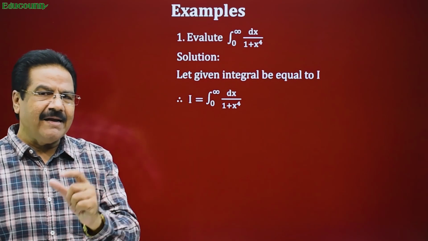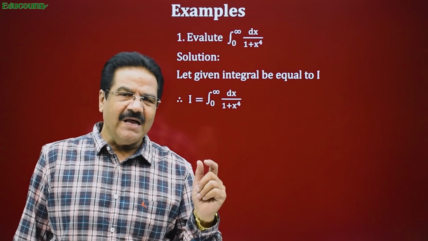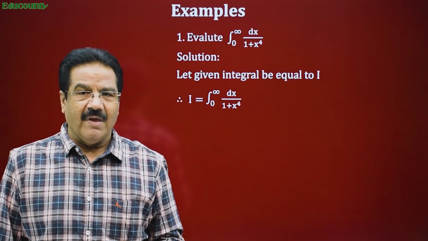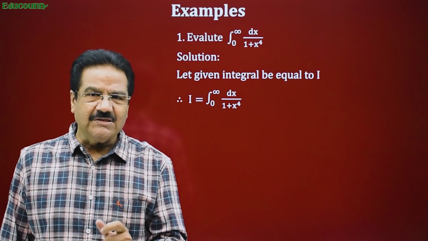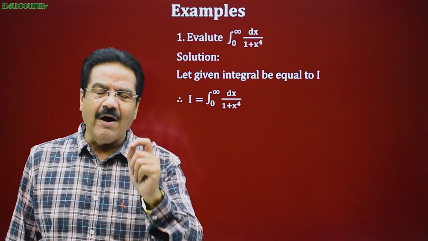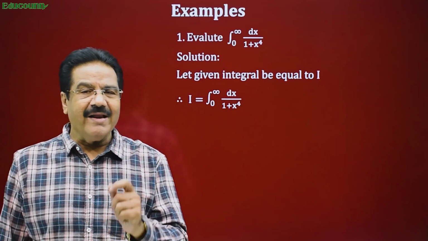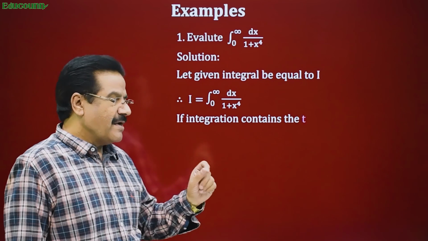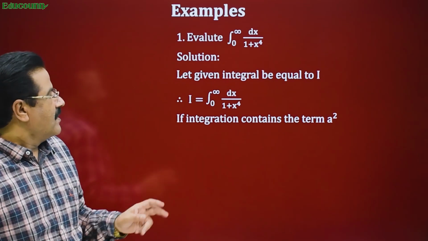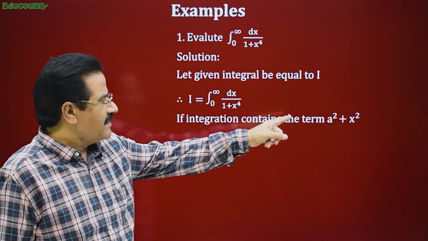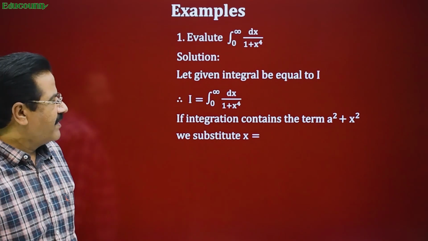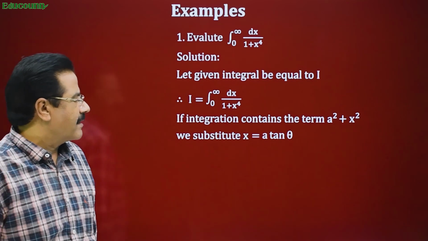What is the standard identity of tan? 1 plus tan square theta is equal to sec square theta. Therefore, from this we come to know that we have to do the substitution for x square. So let us do the substitution in terms of x square. If the integration is in terms of a square plus x square, we do the substitution regarding tan, as I told you earlier.